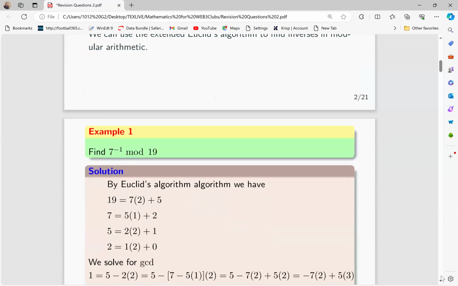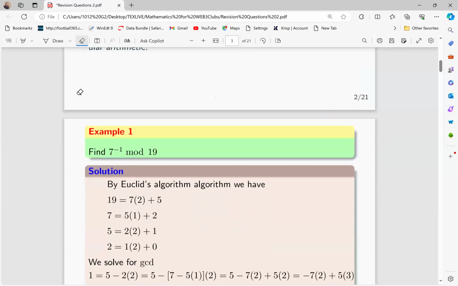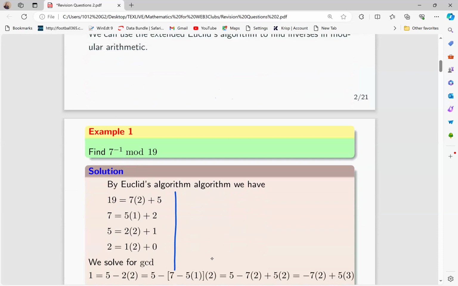Let's look at this example. Let's find the inverse of 7 mod 19. Of course we know that 7 has an inverse because it's relatively prime to 19. So it's that inverse that we want to obtain. As we normally do, using Euclid's algorithm, you ask yourself, how many times does 7 go into 19?